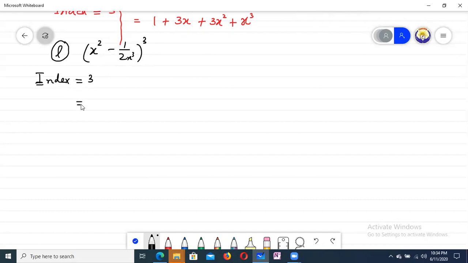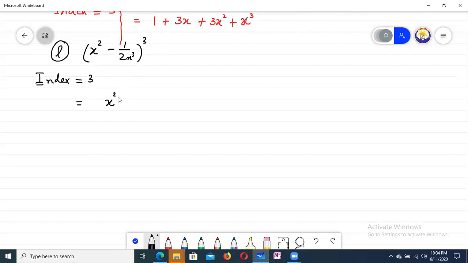Then in the expansion, first of all we will write the product of both the terms 4 times. As the index is 3, the total number of terms will be 4.